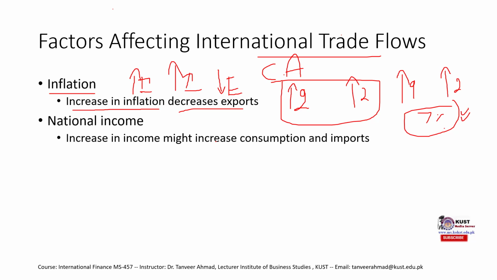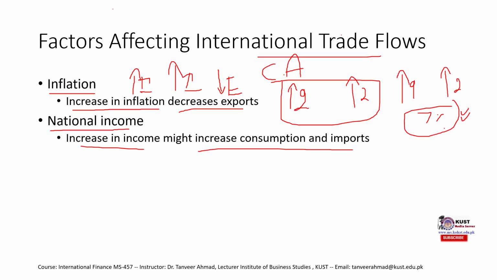The second reason is national income. An increase in income might increase consumption and imports. What this means is that if a country's income increases, again, this would be a relative increase in income, its current account can be expected to decrease.